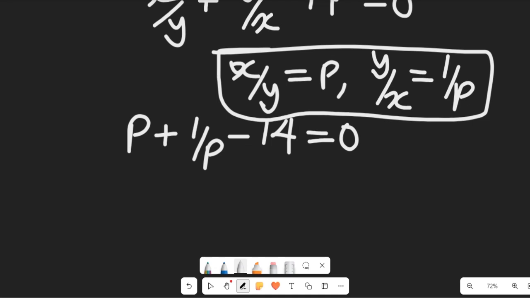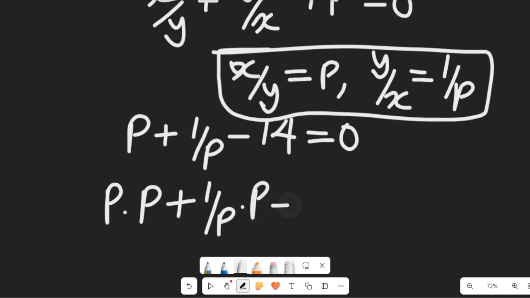If we look for the LCM, we multiply through by p, so this becomes p multiplying p, plus 1 divided by p multiplying p, minus 14 multiplying p, and this will be equal to 0. Good.